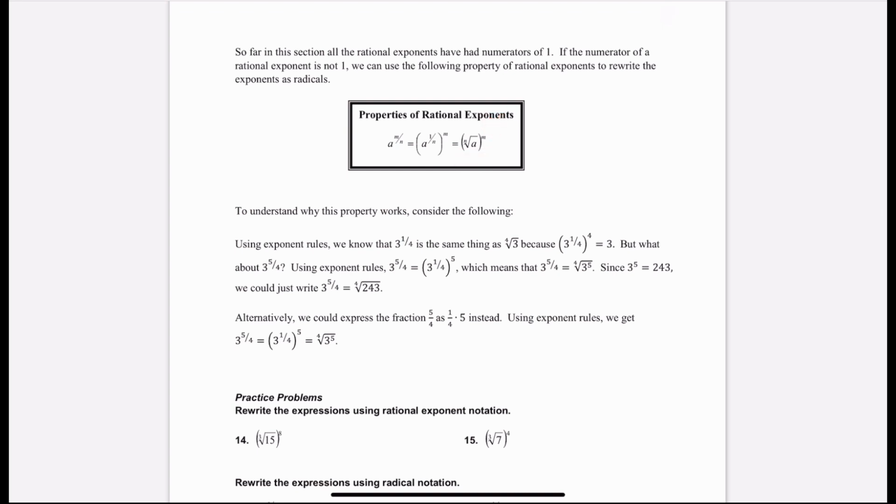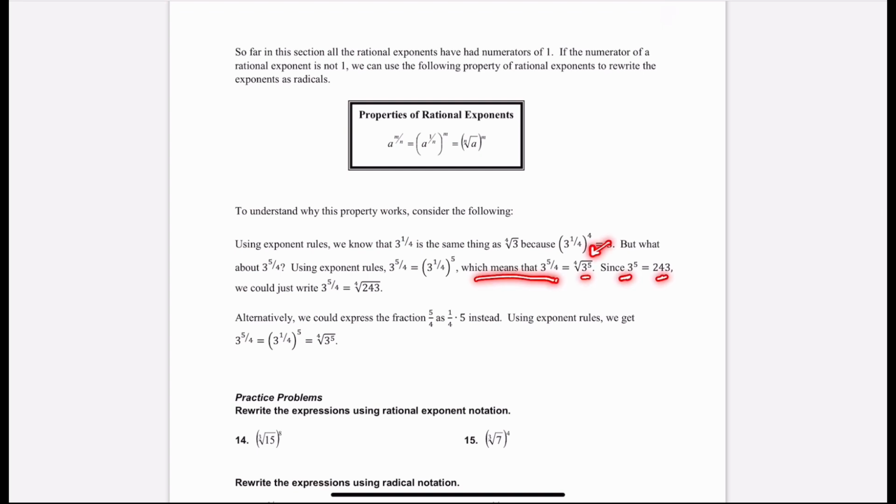To understand why this property works, consider the following. Using exponent rules, we know that 3 to the 1/4 is saying the 4th root of 3, because 3 to the 1/4 to the 4th power is going to equal 3. But what about 5/4? Using exponent rules, 3 to the 5/4 is equal to 3 to the 1/4 to the 5th power, which means that 3 to the 5/4 can be written as the 4th root of 3 to the 5th.